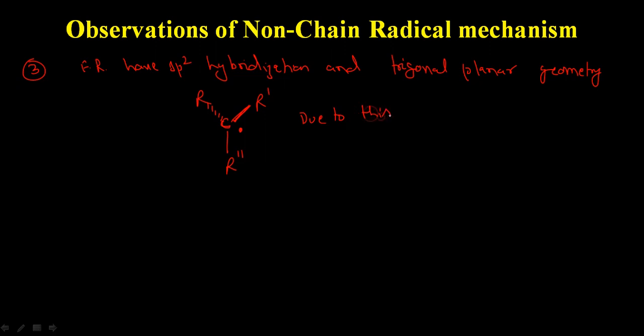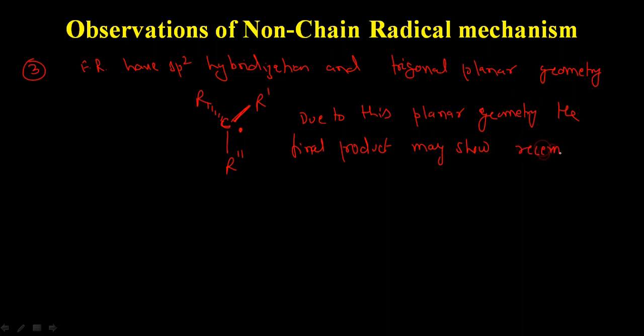Due to this planar structure, the final product may show racemization due to inversion. So in other words, there is formation of enantiomers.